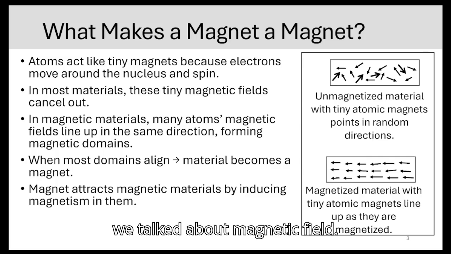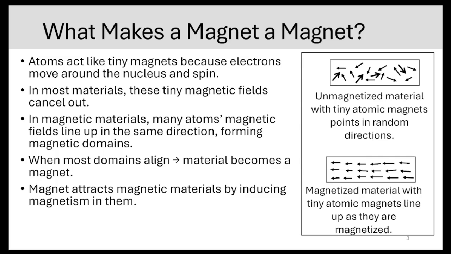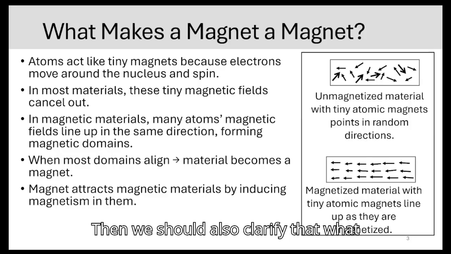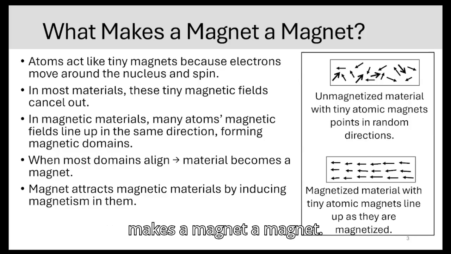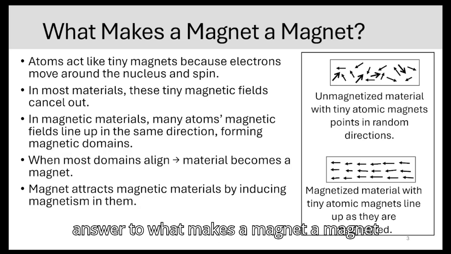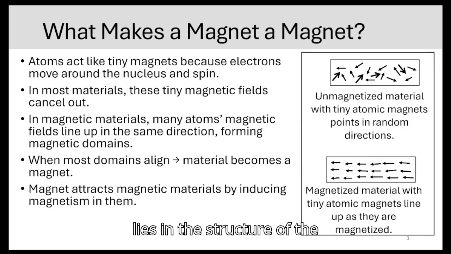So we talked about the magnetic field, and then we should also clarify what makes a magnet a magnet. The answer lies in the structure of the material.